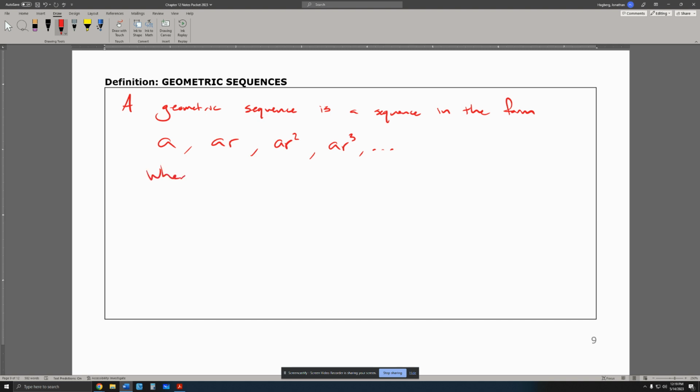Where a is the first term of the sequence, and r is the common ratio. Okay? r is the common ratio of the sequence.